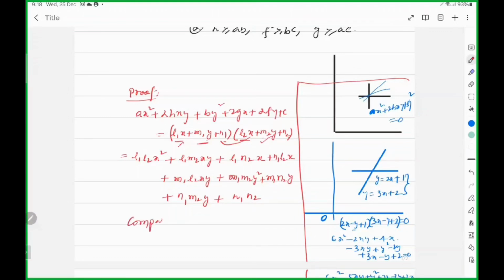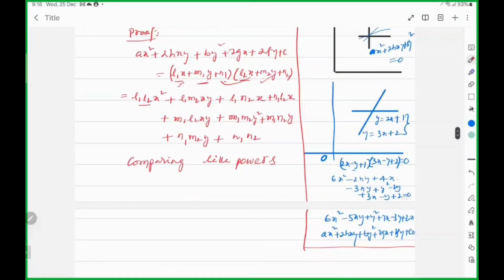Comparing like powers, we get the x² coefficient: if you compare, L1L2 is a. The y² coefficient M1M2 is equal to b. Comparing constants, N1N2 is c.